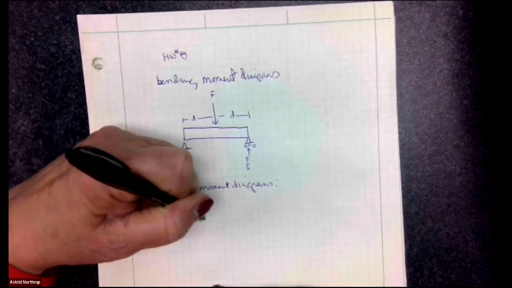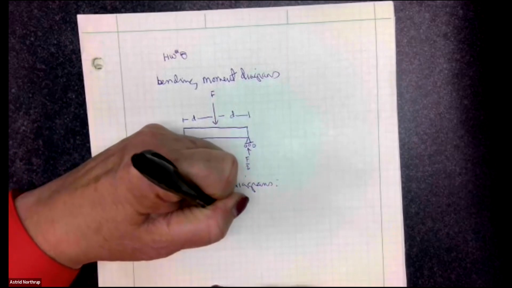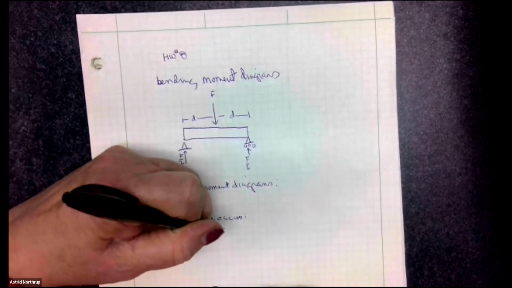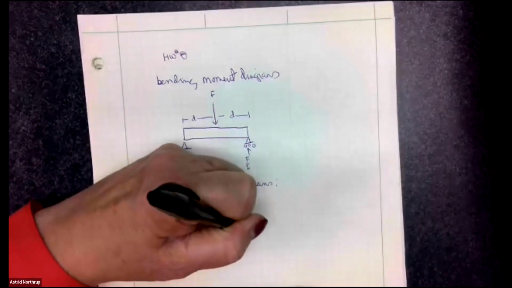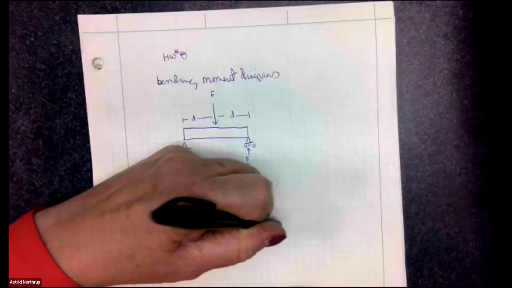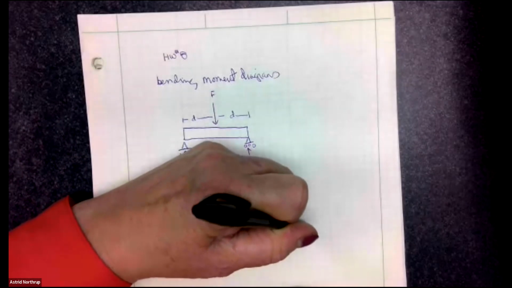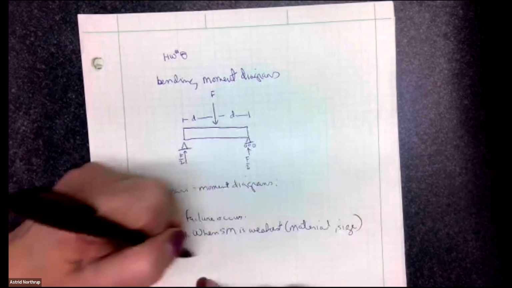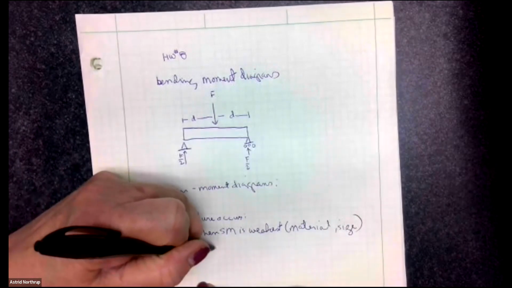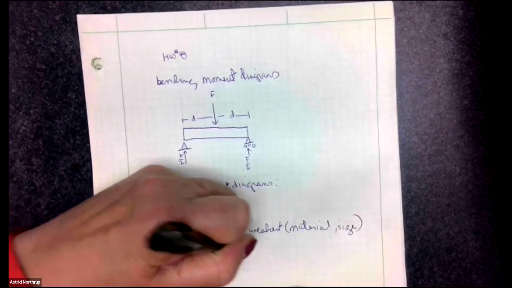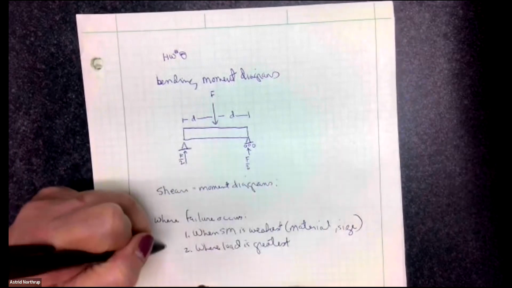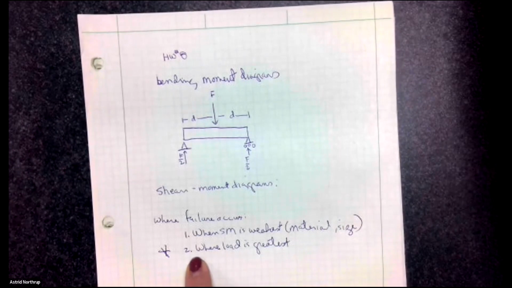One is where the structural member is weakest, and that could be due to the material or the size, and the other is where the load is greatest. So we're really addressing this question with the shear and moment diagrams.